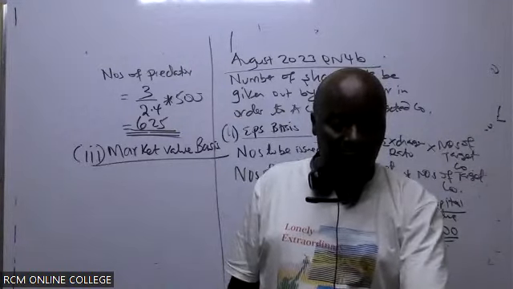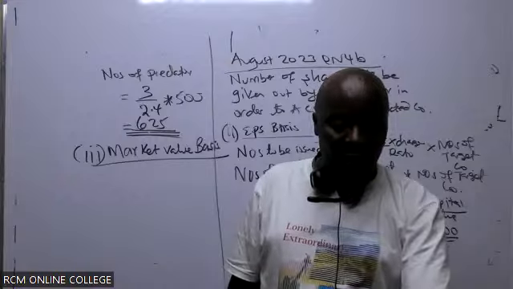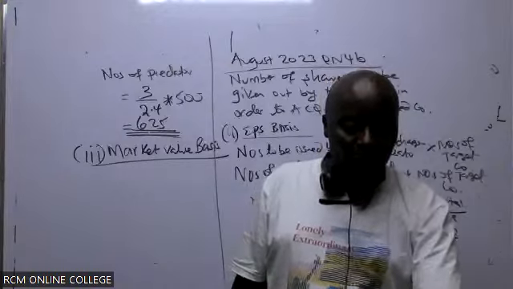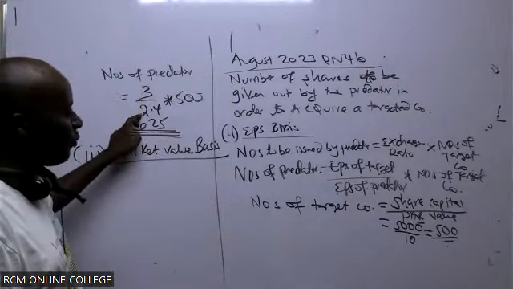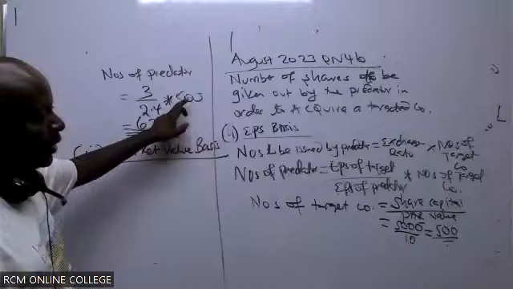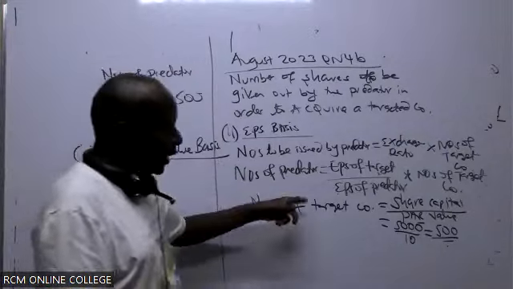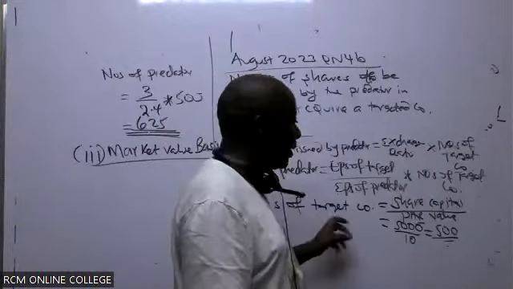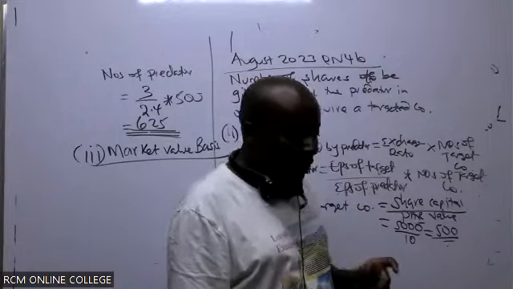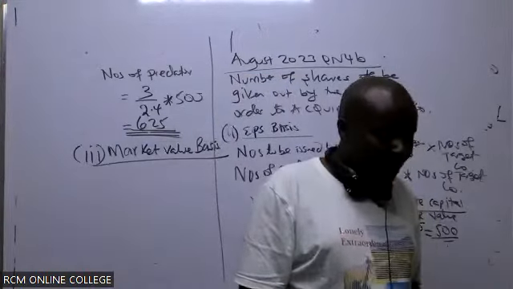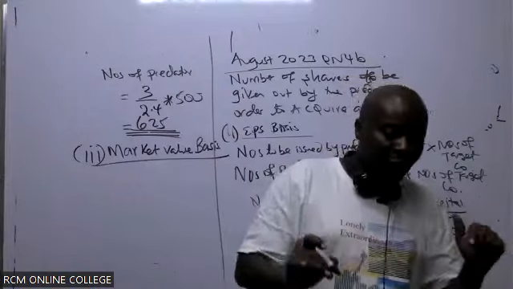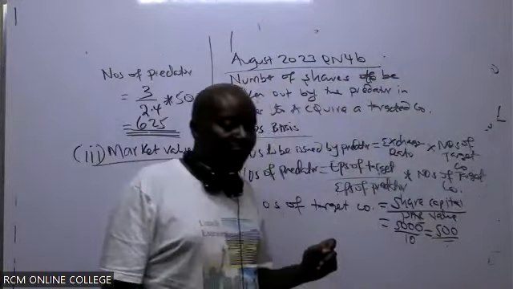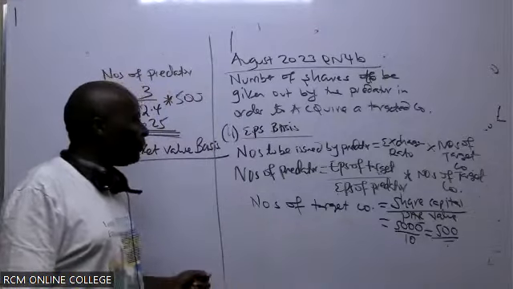Bero is 3, Akon is 2.4. That's how we got the exchange ratio of 3 and 2.4. And then we obtained this 500 by taking the number of shares of the target company, the share capital. If you look at the first table, the balance sheet, the ordinary share capital of Bero is 5,000. We divide by the par value there, which is shillings 10. I hope that is helpful.